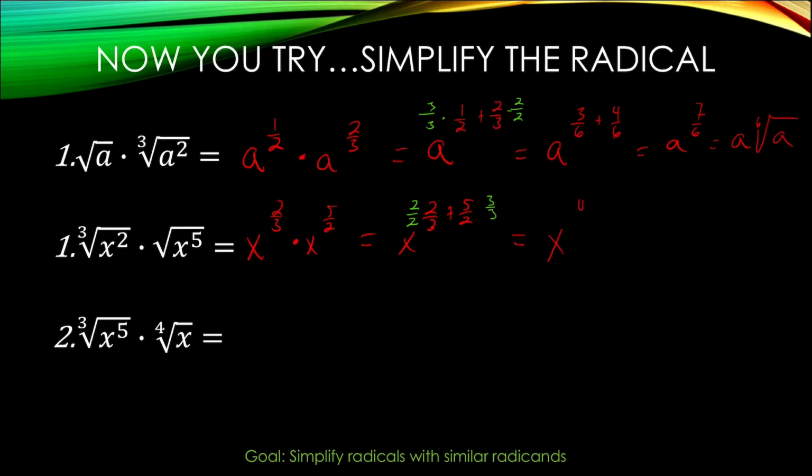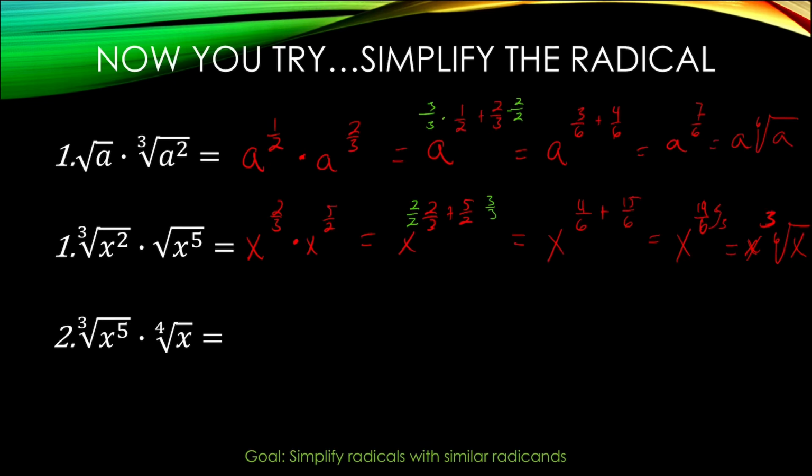This gives me x to the 4/6 plus 15/6, which is x to the 19/6, which gives me x to the 3rd comes out, and we get the 6th root of x. All I'm doing is simplifying these fractions. 6 is going to go into 19 3 times, right? So that's where I get this x to the 3rd. And then I have 1/6 left over, x to the 1/6.